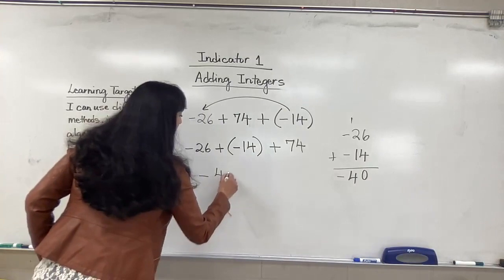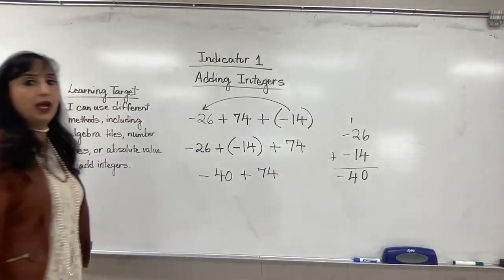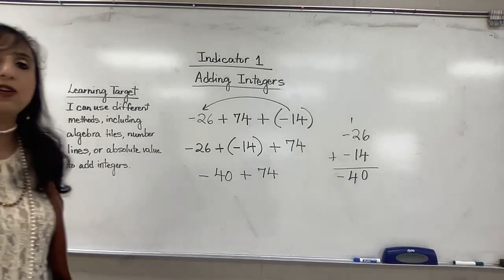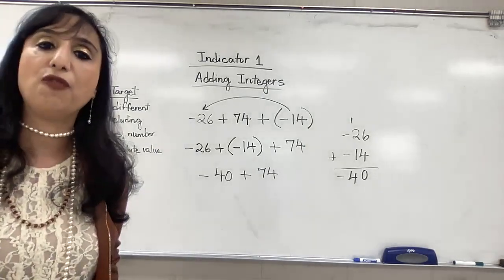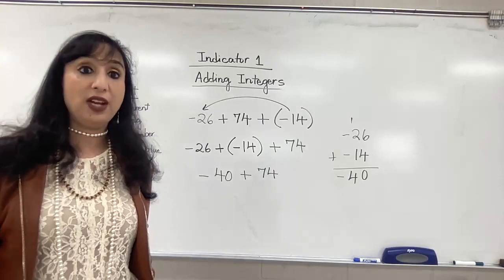Negative 40 plus 74. Now because we are adding opposite signs, the absolute value of negative 40 is 40 and the absolute value of 74 is 74.